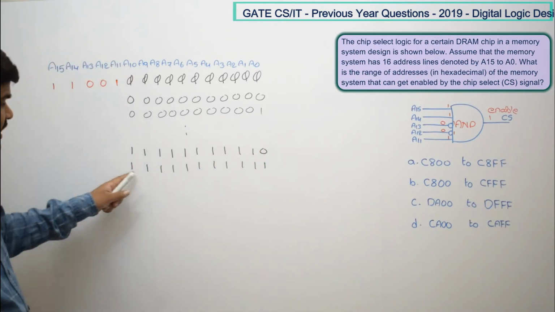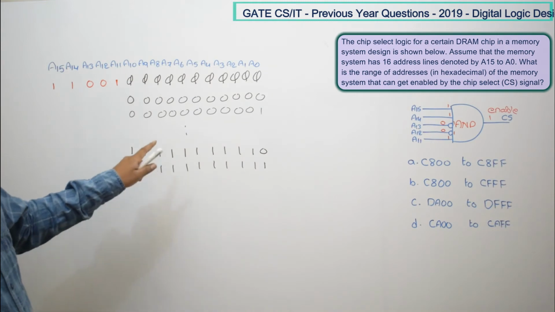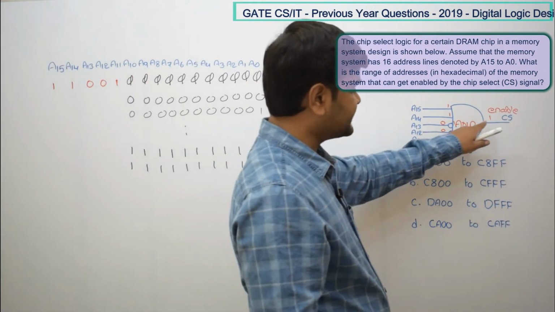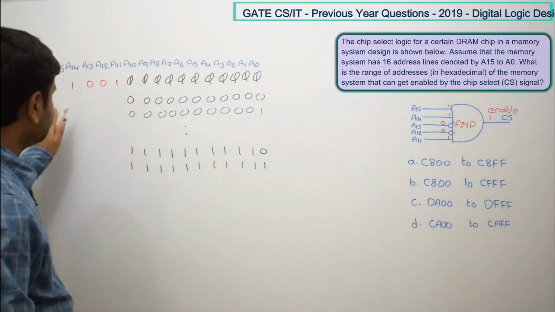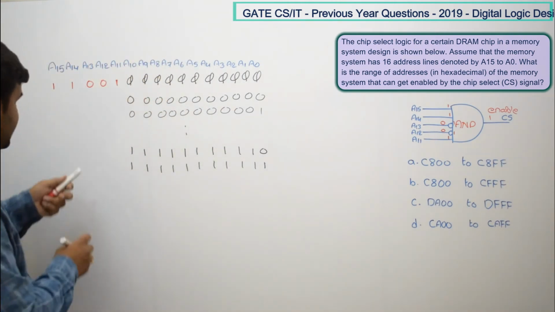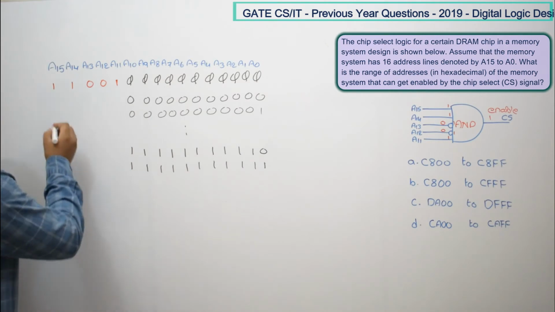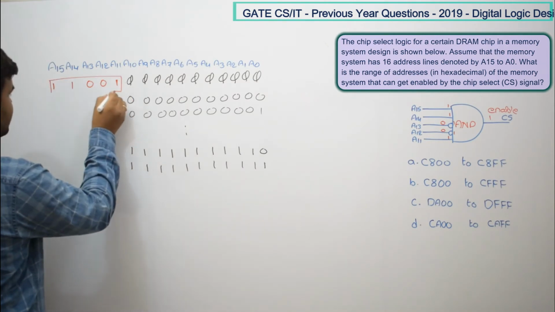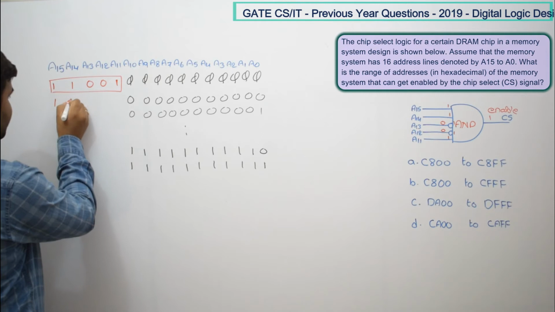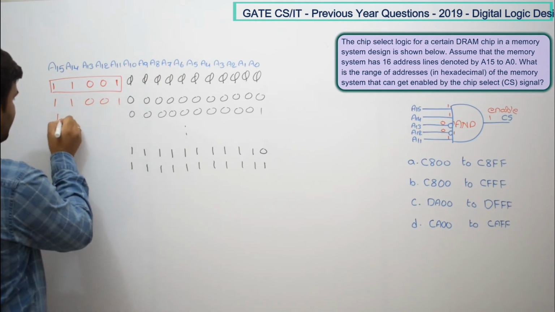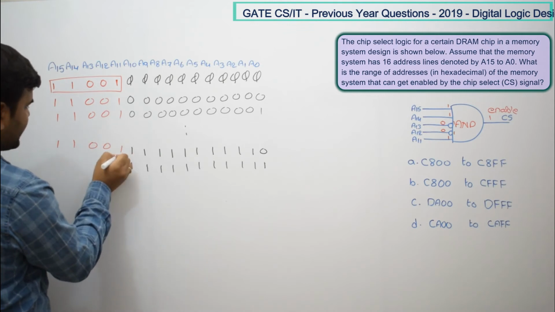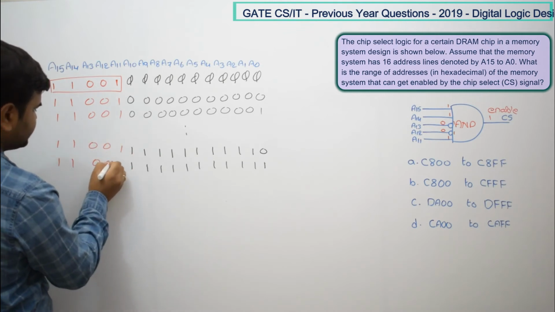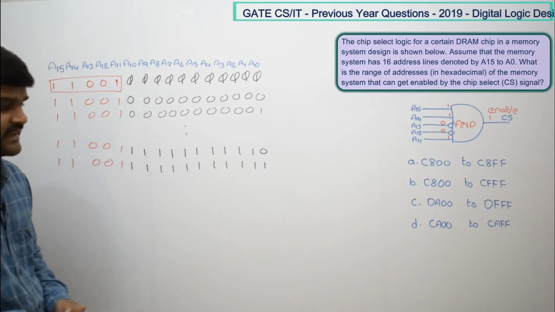So these are the possible combinations which will enable this chip, that means CS is going to get 1. But these 5 lines are fixed, so this fixed part, 1 1 0 0 1, you have to add to every combination.